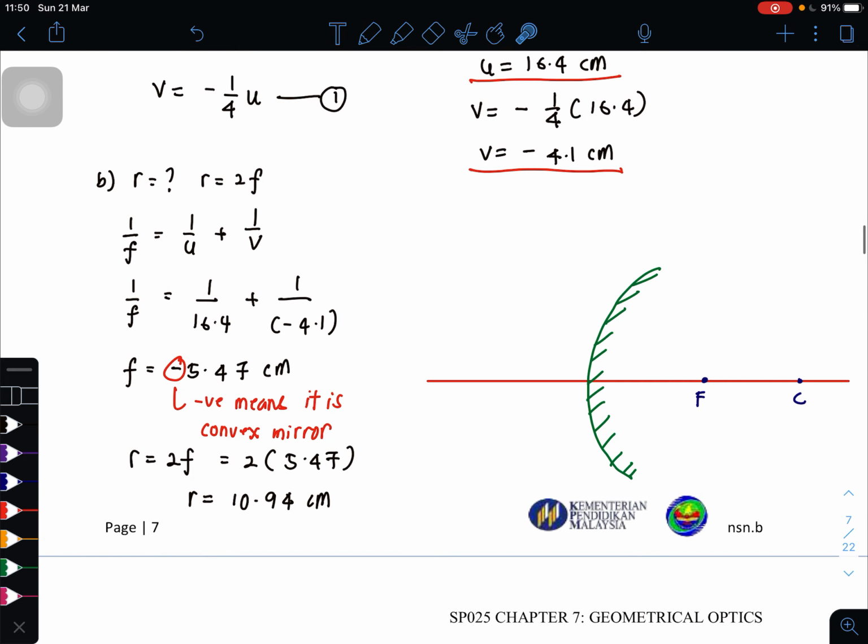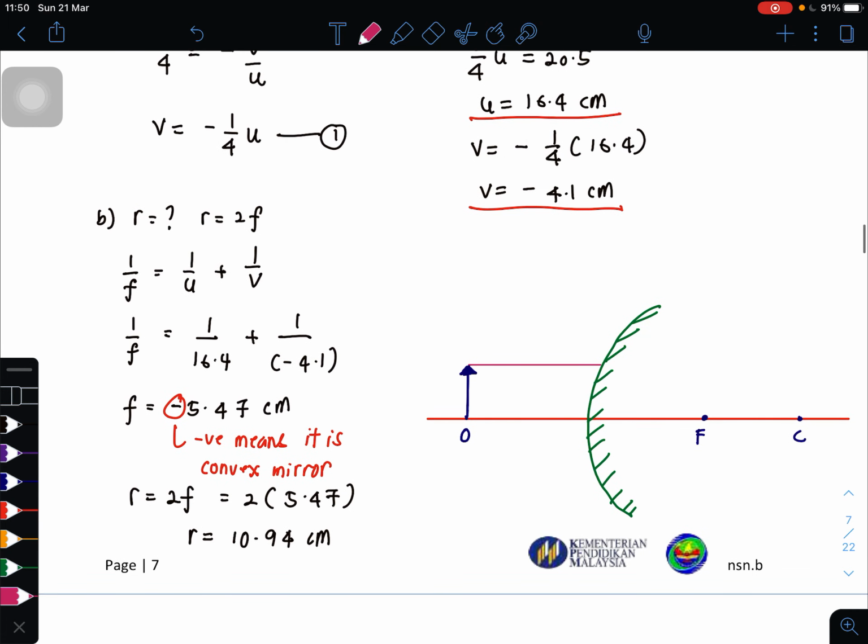Okay, so we start with the object at the front. This is the object. First of all we need to draw one straight line, and this straight line will reflect back.